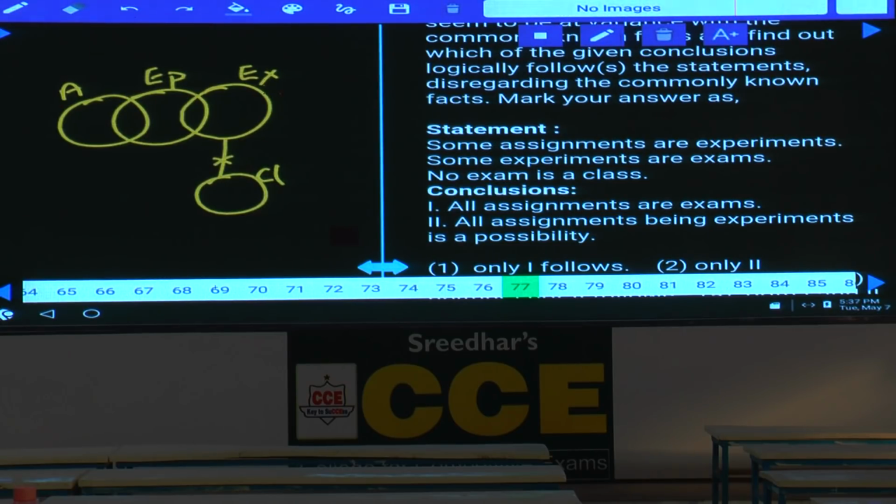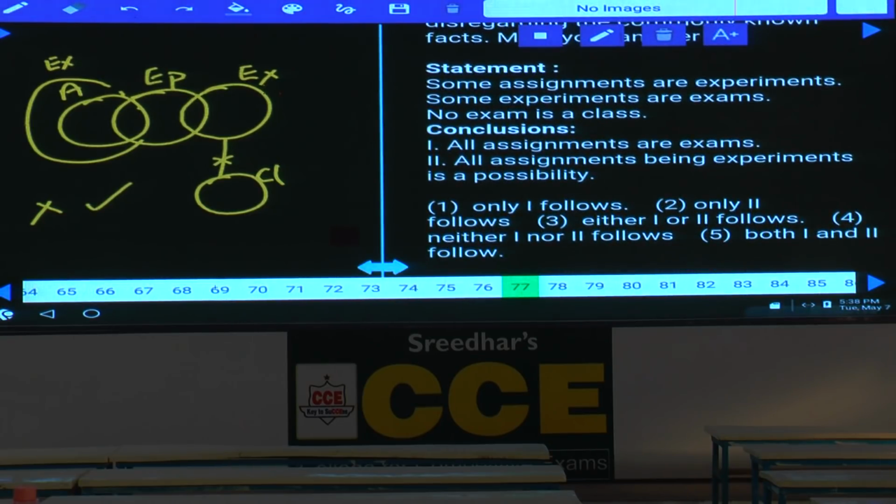And the first one, all assignments are examinations, that is false. And all assignments being experiments is a possibility. Is it possible here? Yes. How to draw this one? We can draw this experiment like this. Hence it is possible. Only 2 follows, that is choice 2.